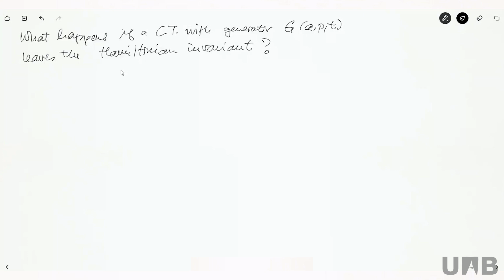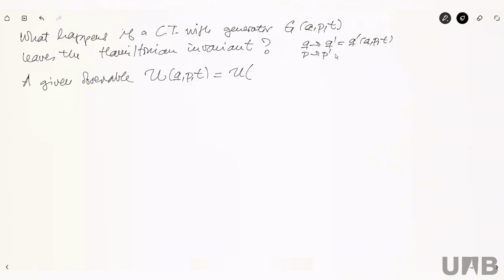Let us call a general observable, a given observable, U, which is going to be a function of Q, P, and T. Soon this U will be the Hamiltonian, but let's think that we have any U. Now if we make a canonical transformation, we go from Q to Q prime, which is a function of Q, P, and T in general.